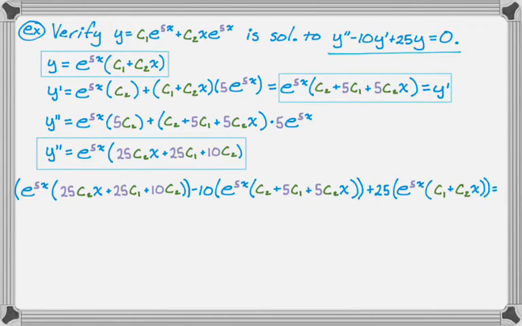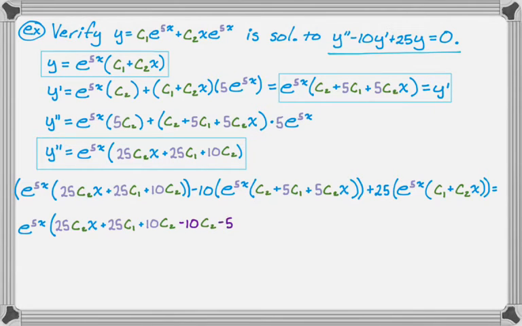It turns out you can take e to the 5x out of everything. Everything has a factor of that. For y double prime, there's nothing left to do. For y prime, I need to distribute the negative 10 to everything in there. And for y, I need to distribute the 25 into everything there. So I'm going to take out e to the 5x and do all my distributions. Nothing happened for y double prime.